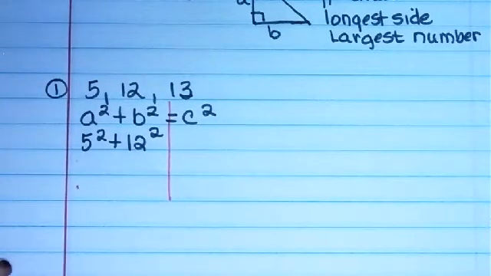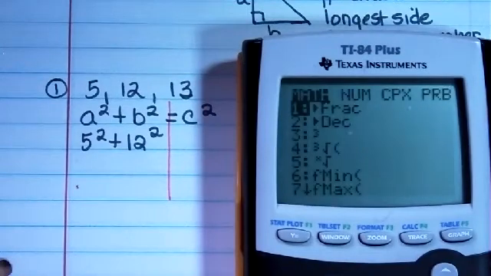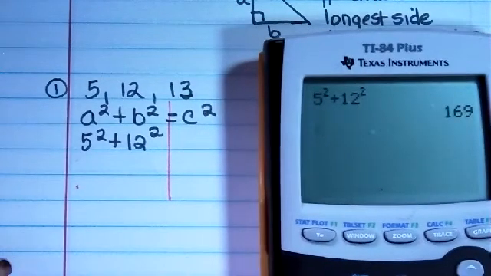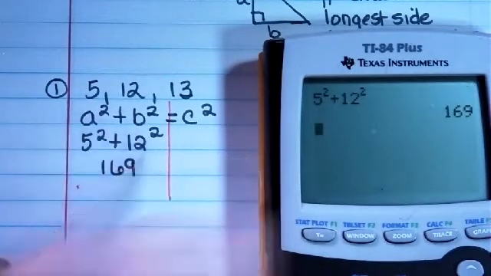We know from my other lessons that I could do this by hand, but I can use my calculator right here. So I'm going to turn my calculator on, clear it off, and type in 5 squared plus 12 squared, which equals 169. So I'm going to write 169 right there.